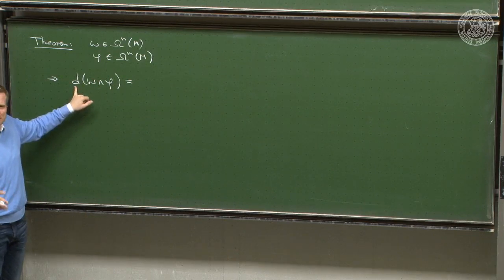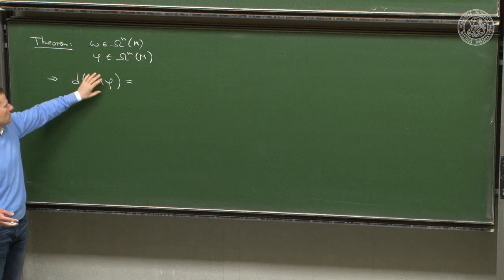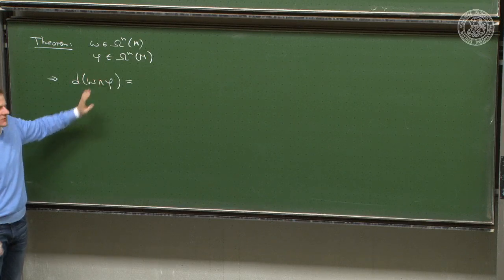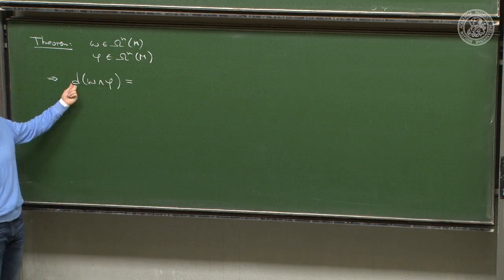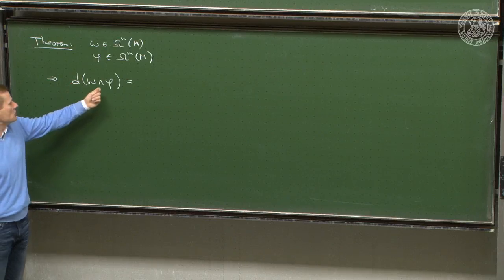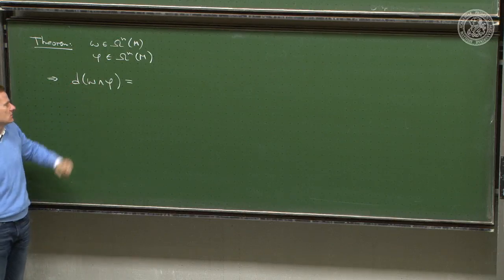So we expect something like a Leibniz rule. That should be a product rule of some sort, but it's not an exact Leibniz rule, because neither is this an ordinary differentiation, it's an exterior differentiation, nor is this an ordinary product, it's an antisymmetrized product.